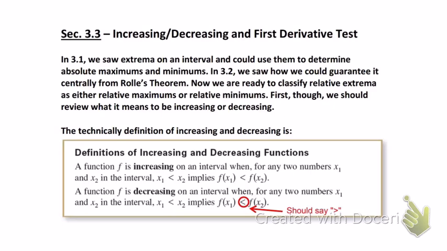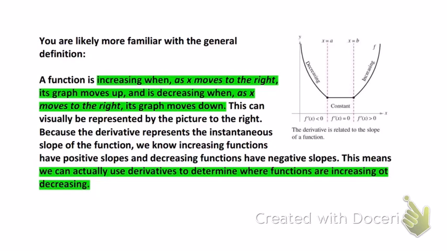The one we're probably used to is this one. Take a look. As x moves to the right, if the y values are going up, the function's increasing there. Makes sense. This is not the technical definition, but it's the one that makes more sense to us.